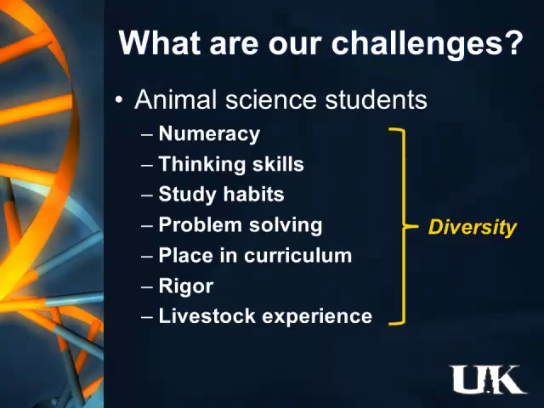Okay, so what are our challenges? And I think this is where you'll begin to see why not so heavy on the genomics, but more on the practical selection, crossbreeding kind of things that we talk about. With our animal science students, these are some of my challenges. There's a lot of diversity, and I think the biggest problem in teaching a class that's heavily quantitative oriented is that these people do not like math.